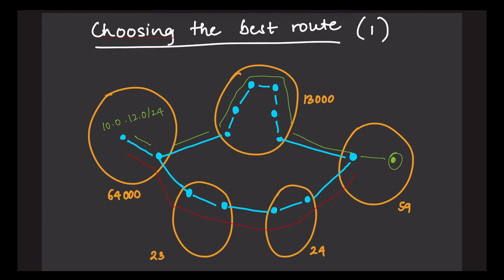Now as you can observe, the number of hops, if we choose the top path, is more than the number of hops if we choose the bottom path. However, because the number of ASs in the top path is less than the number of ASs in the bottom path, BGP might often choose the top path.